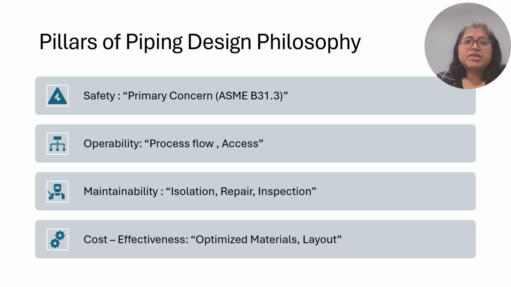In our third pillar, maintainability, we have certain questions like, can equipment be easily isolated, inspected, or repaired? So think about space for flange removal, valve packing replacement, or instrument calibration. Accessibility for maintenance personnel is very crucial, very important.